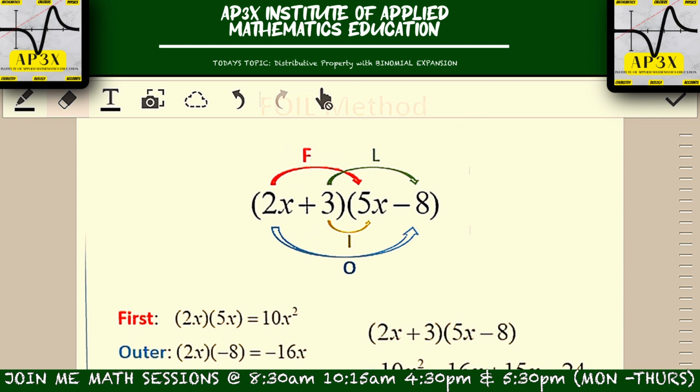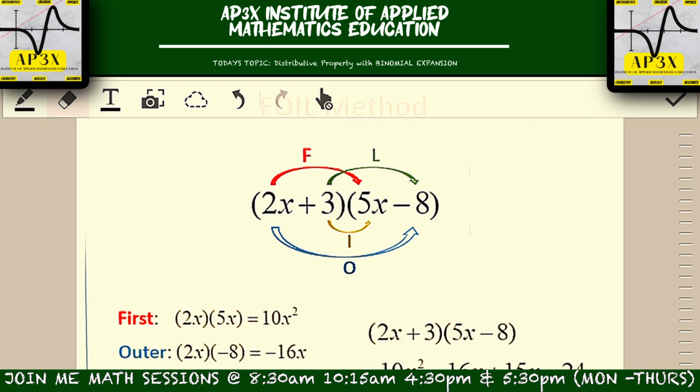So the order in which we do this is first with first, then first with second. So we go here and here. Next we do inner, say here 3 with 5, and then inner with outer, or inner with last.